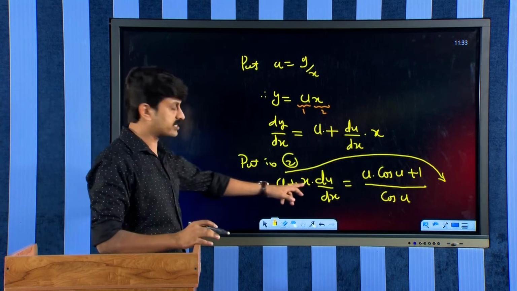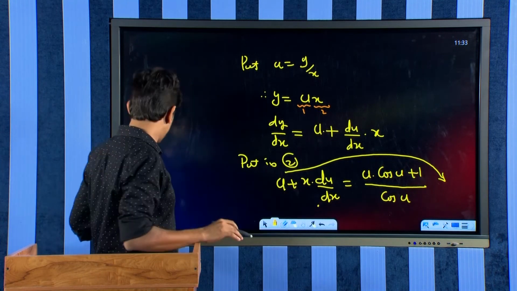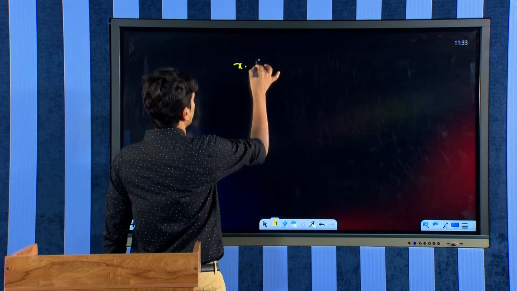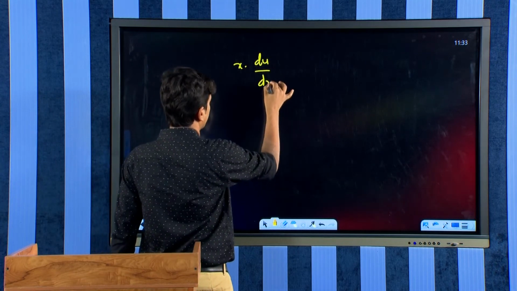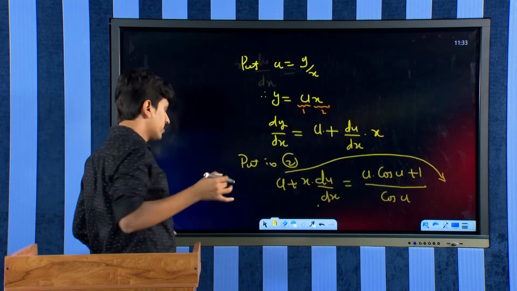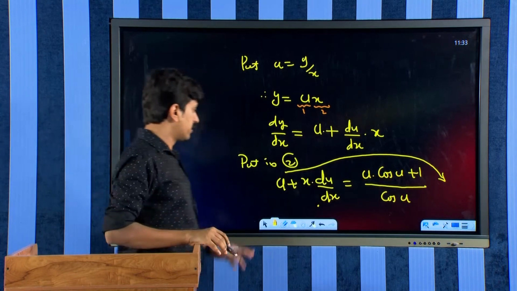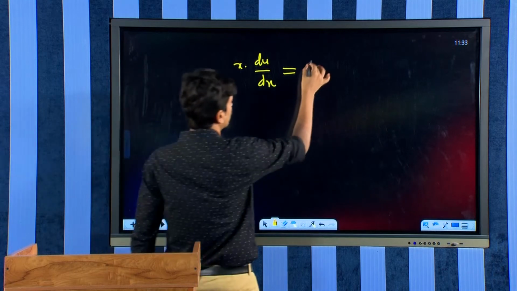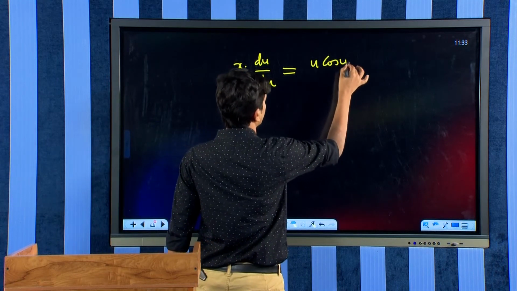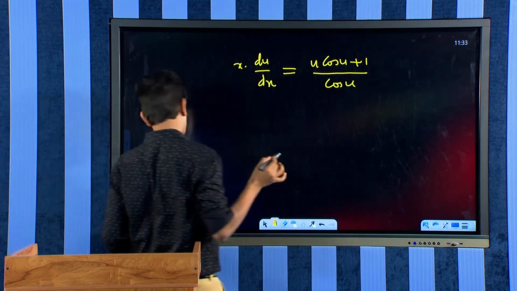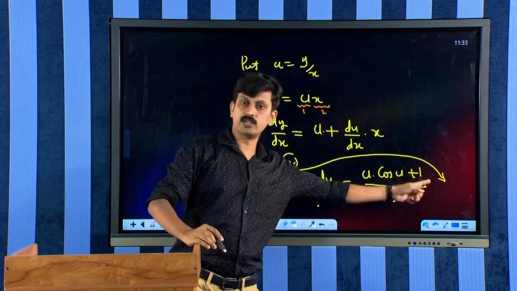So, x into du by dx is equal to u cos u plus 1 divided by cos u, and we take u to here, therefore minus u.